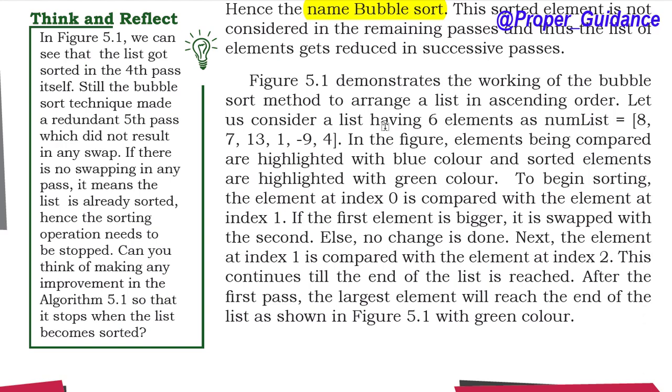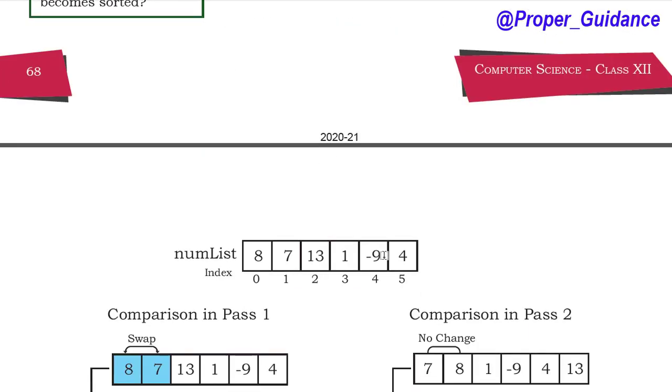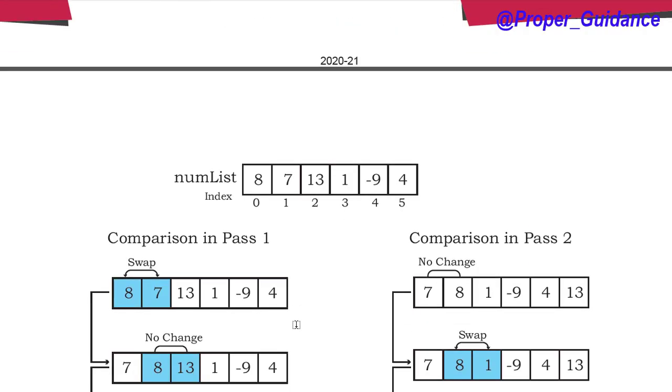Let us consider a list having 6 elements. This is an example, and we will see it in a figure below. In the figure, elements being compared are highlighted with blue color. Just go to the picture here.